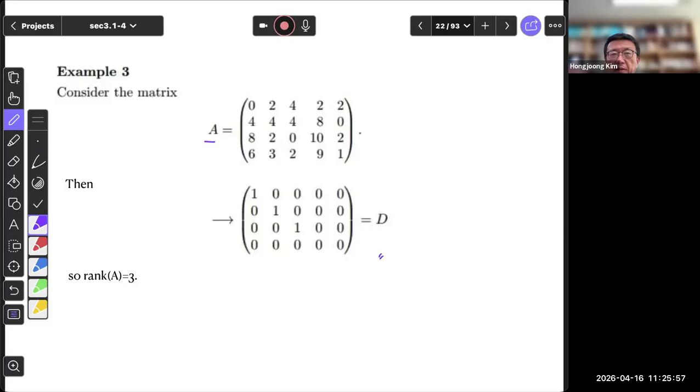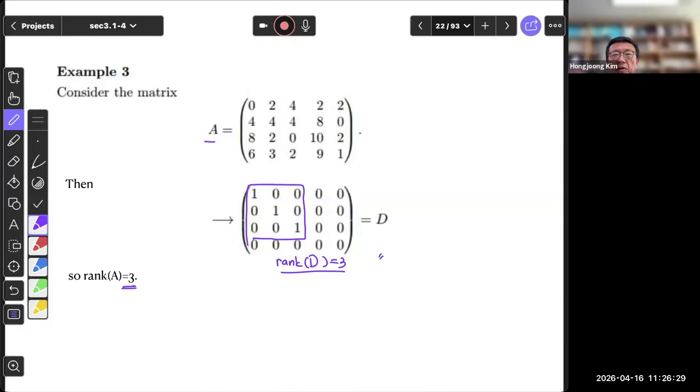Well, if I have D, D is a matrix with this identity in the upper left corner, and it has only 3 ones. So that means the rank of D is 3, and that also confirms that the rank of A is 3 as well.